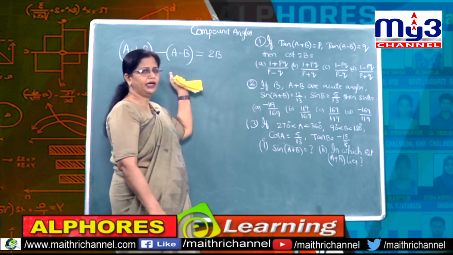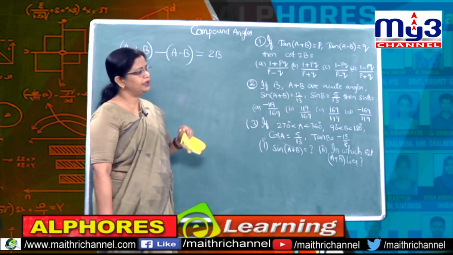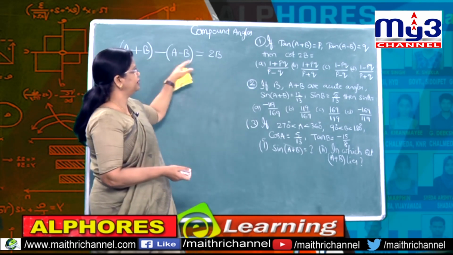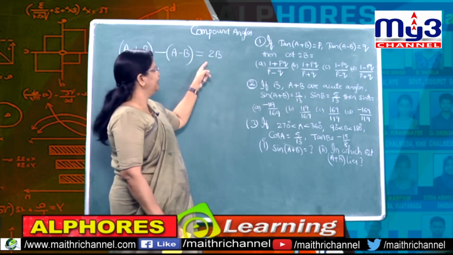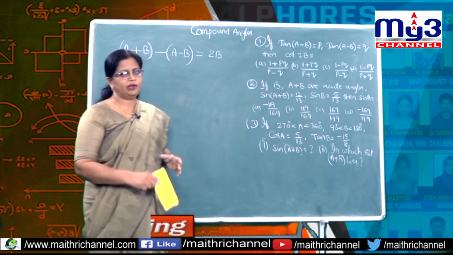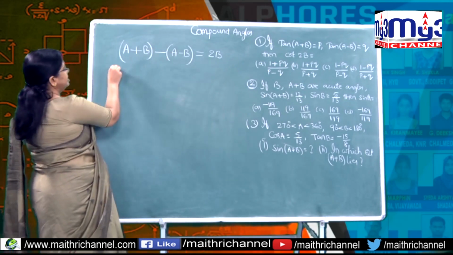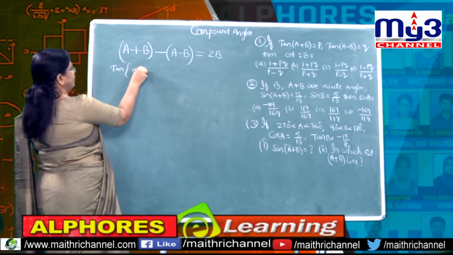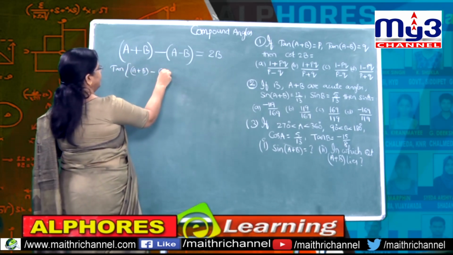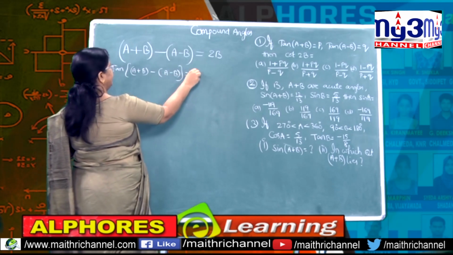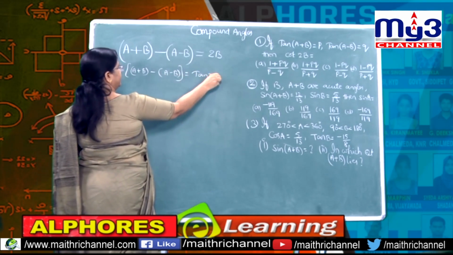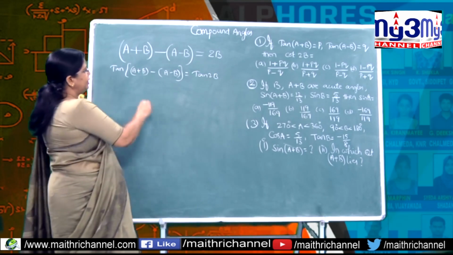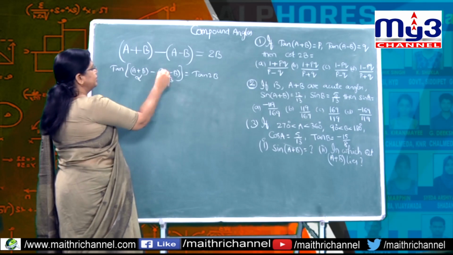Instead of that I will take it in terms of tan itself. Let us take tan on both sides, then directly you can substitute the given values, and at last we can take the reciprocal. So tan of (A plus B minus (A minus B)) is equal to tan 2B. Understand? Now which formula is this? Tan alpha minus beta.